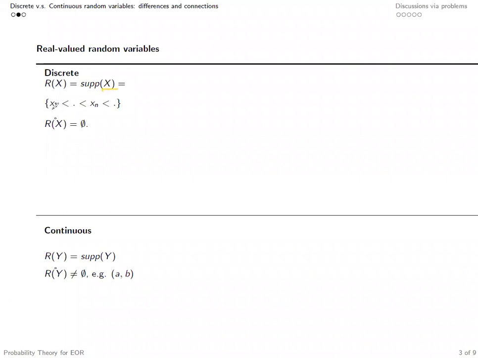Suppose here we list all possible numbers that could be taken by this random variable X in increasing order, so x1, x2, xn, and keep going. We can see that the interior of this set is empty, so it contains no non-empty open intervals.